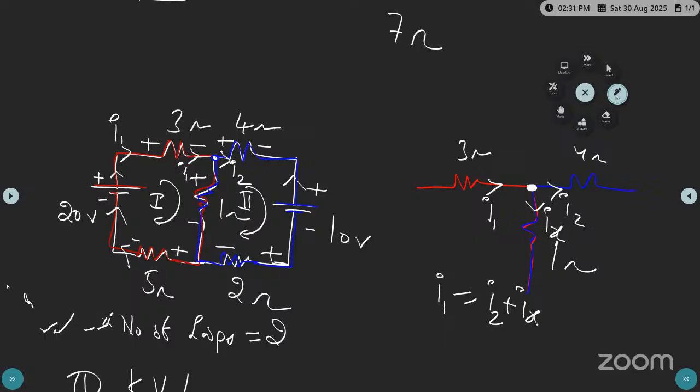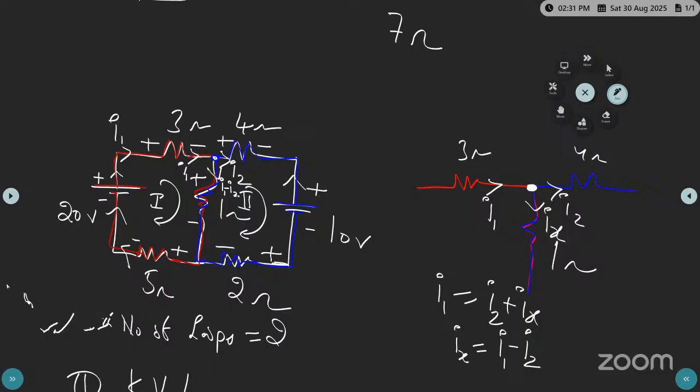So we are able to find out the Ix current. Ix is nothing but I1 minus I2. So by applying KCL, we find the current in the 1 ohm: I1 minus I2.